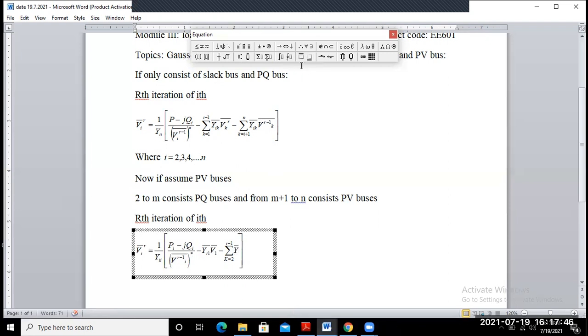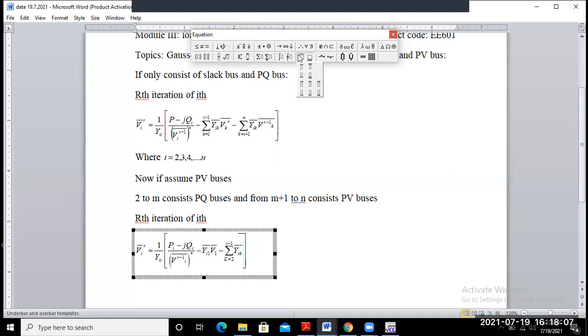So Y I k V k to the power r, because previous to the ith we take the updated values of the variables. So V k to the power r.